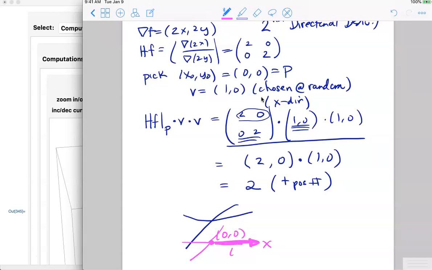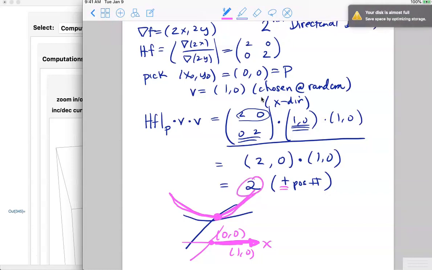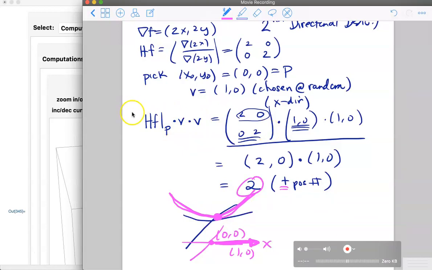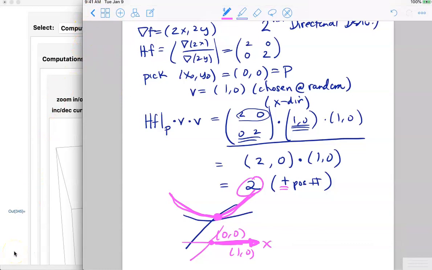In the x direction 1, 0, we know that that function is going to look like a parabola, and that parabola is going to open upward because we have a positive number. So that's just a little hint at how we're going to figure out what the function looks like in a particular direction, whether it curves up or down like a parabola, and we're going to use the second directional derivative to do that. More in later videos.